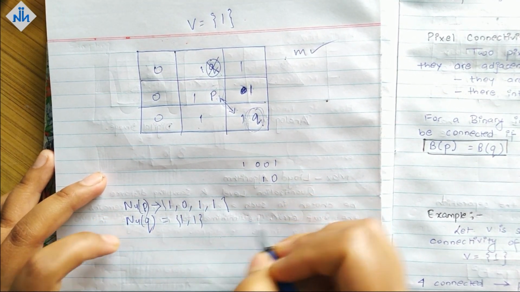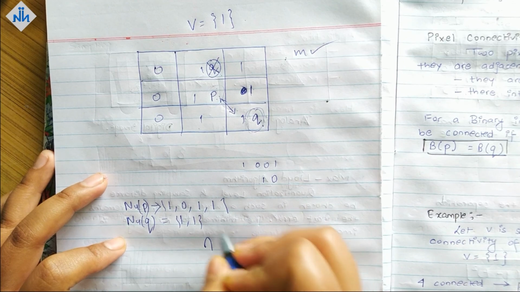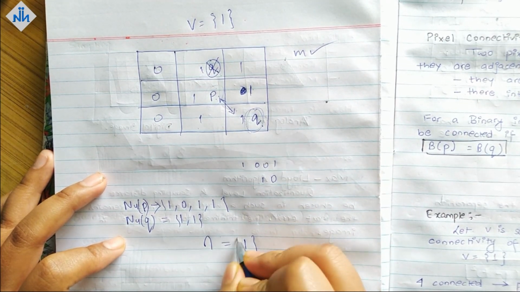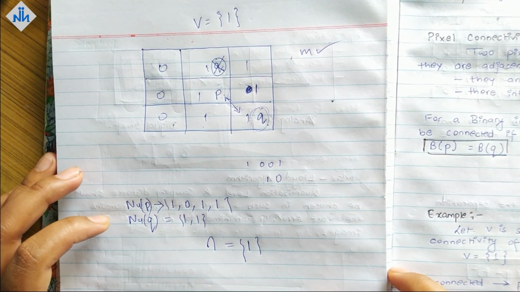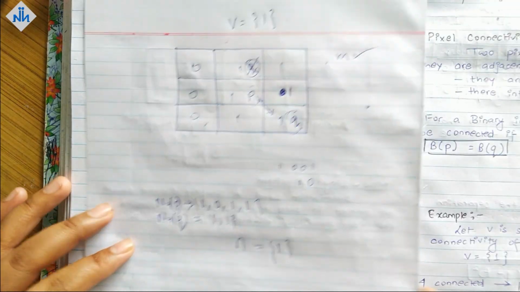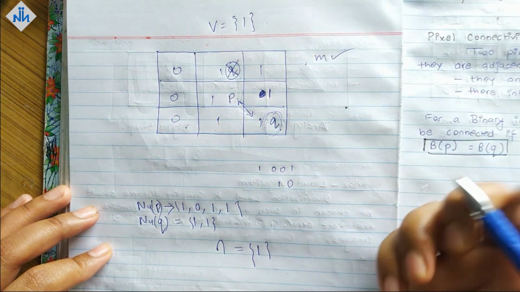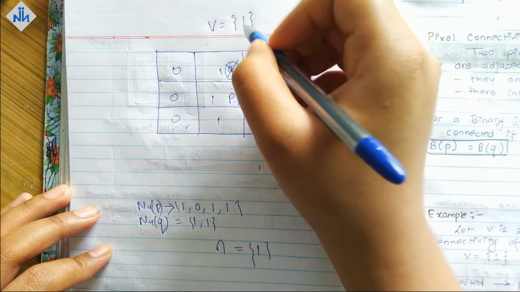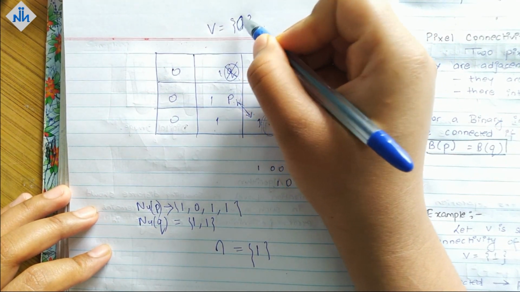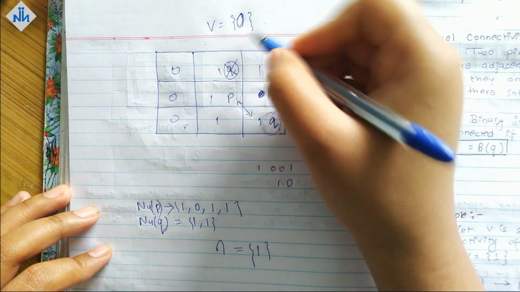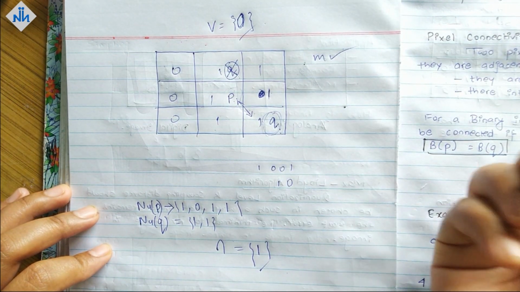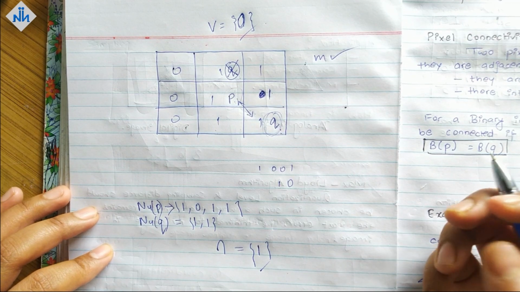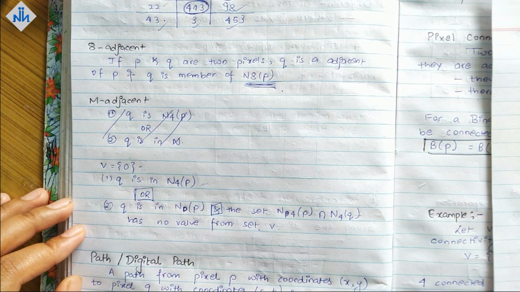If we take the intersection of both, we will get only 1. So is 1 lying in V? Yes, it is. That means it cannot be M adjacent. But suppose our V was 0, then 1 is not lying in V, so it could be M adjacent. This is how we solve this type of problem, and this is the adjacency of pixels.